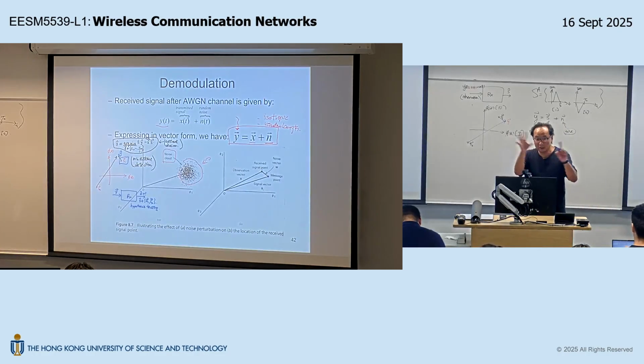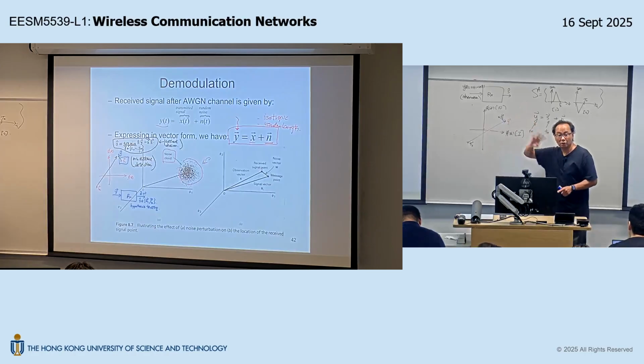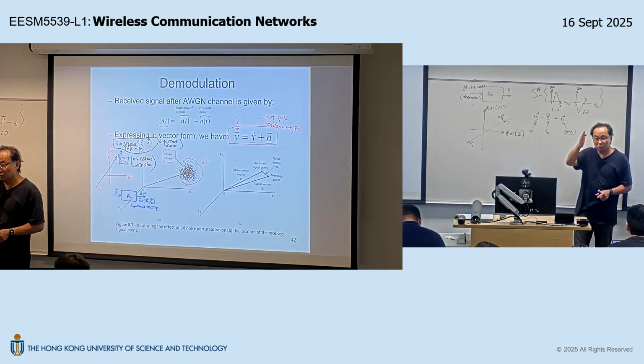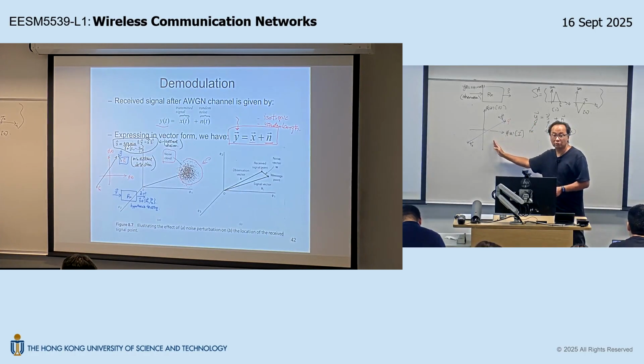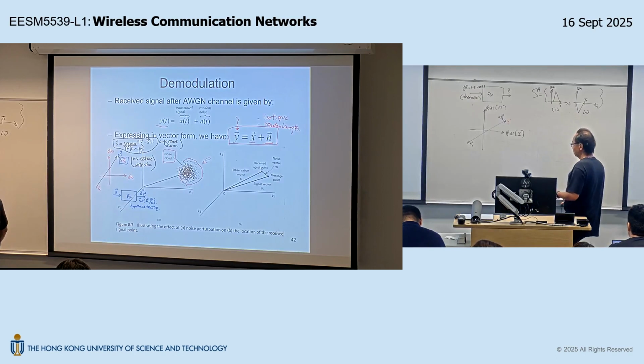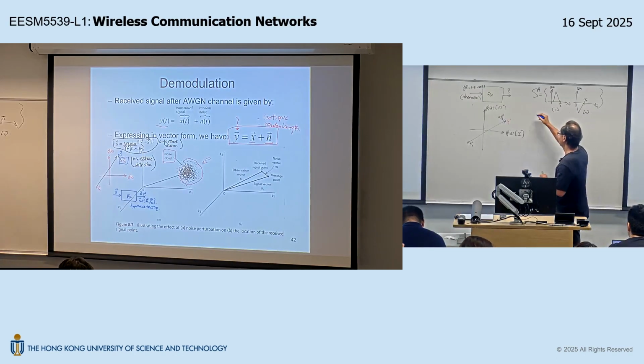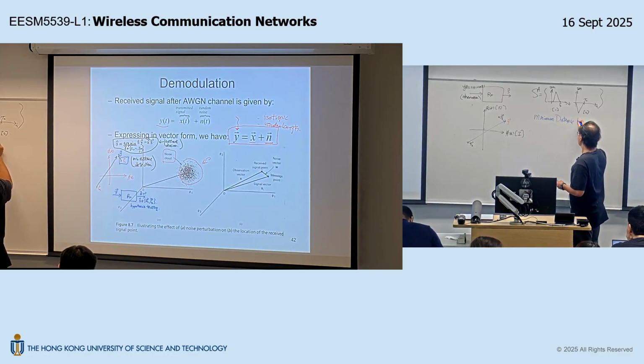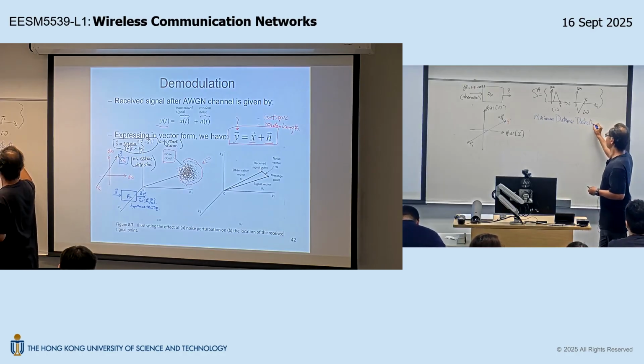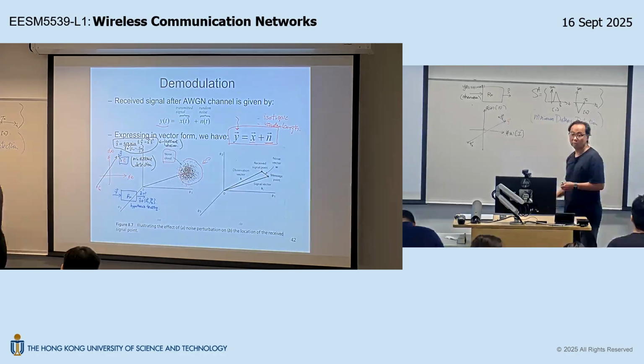You may dream up other logic to do the detection, but the error probability will not be better than this simple detector. Is that okay? And this is called minimum distance detection, or minimum distance demodulation.